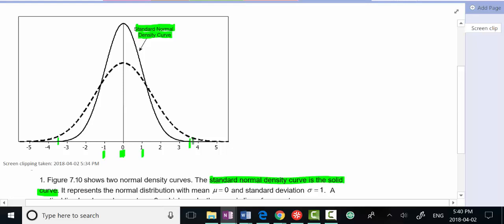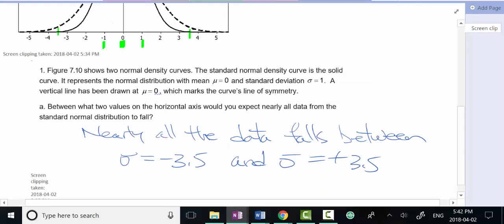Just visually looking at it, -3.5 to +3.5 is where all the data falls. You could even go -3 to +3. Nearly all the data falls between standard deviation -3.5 and +3.5.